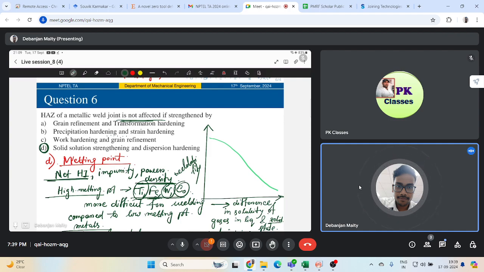The grain structure will get coarsened and there will be partial dissolution of those particles, and the ability to impede dislocation movement will be less there. So these two are not the correct strengthening mechanisms that govern the strength in your heat affected zone. The most common are precipitation hardening and strain hardening, right?